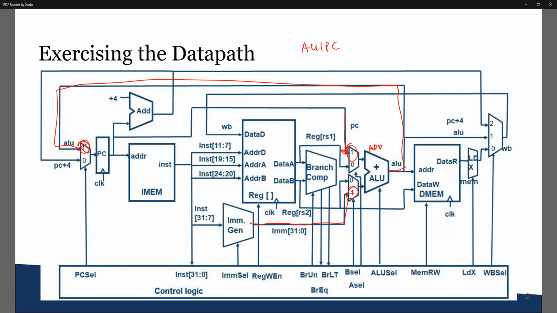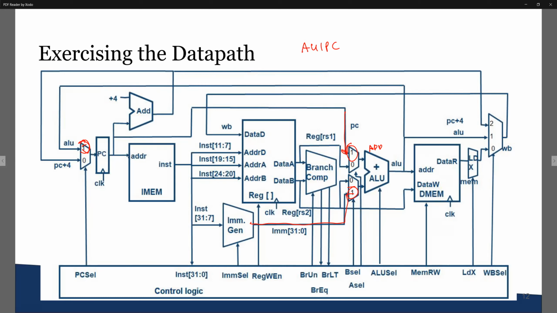AUIPC, no, I don't think so. RD is actually the destination of this, right? Yeah, but if you had the other upper immediate instruction, you would store that into an RD, but AUIPC just adds it to the PC, so it's not really storing into any register.